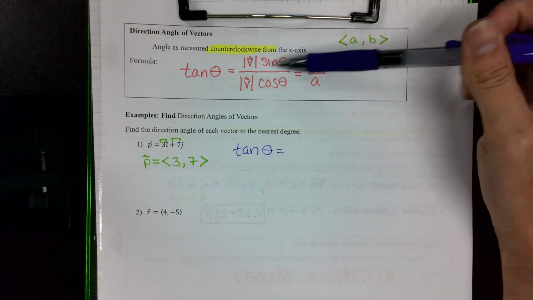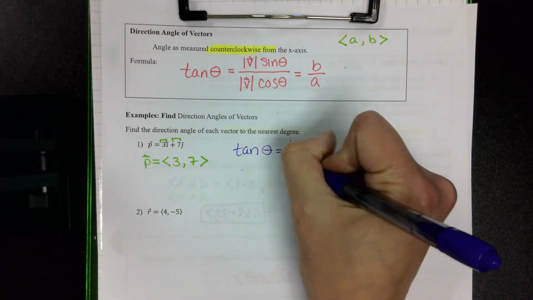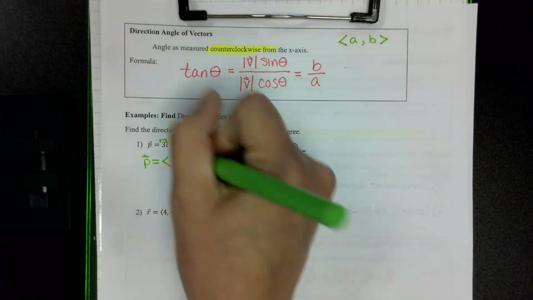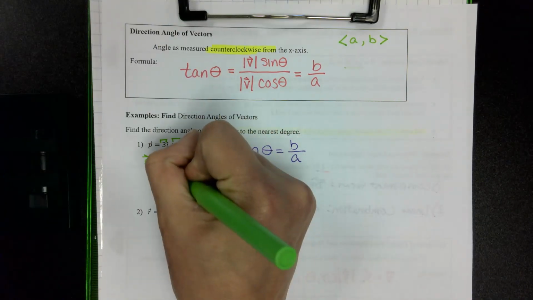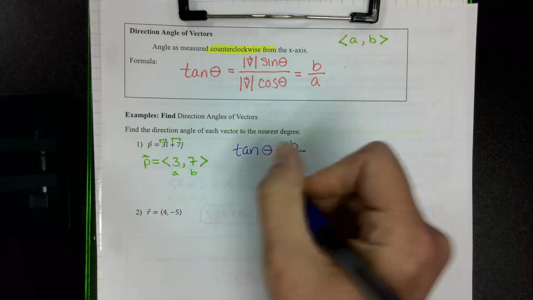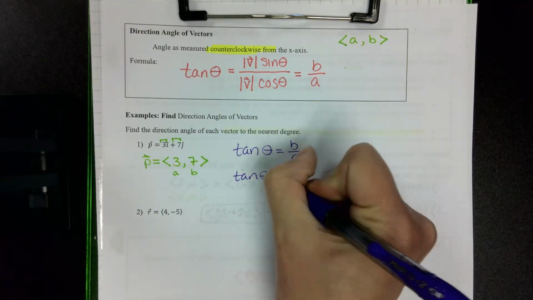This was just me showing you how I got to b over a. I know what b is, because I just did that right here. This is my b value. This is my a value. So tangent theta is equal to 7 over 3.